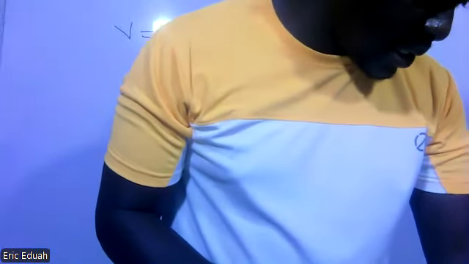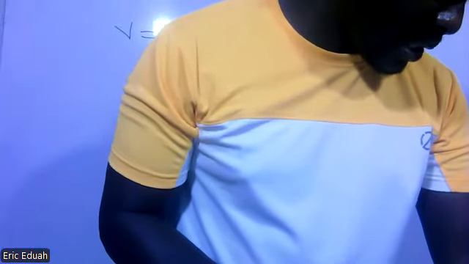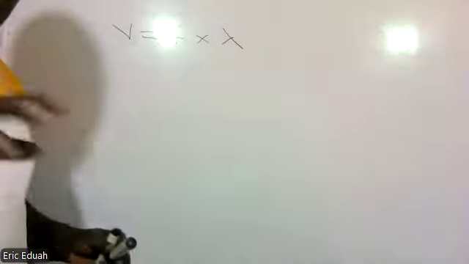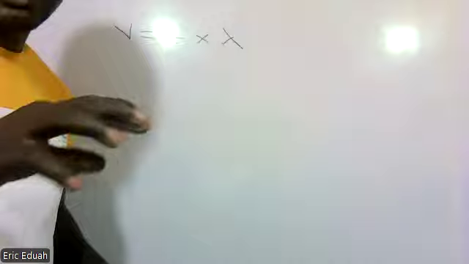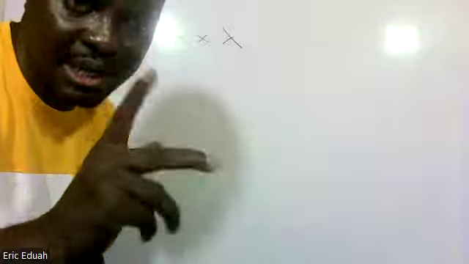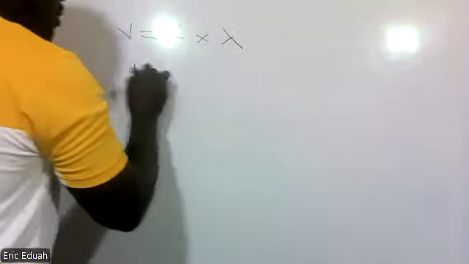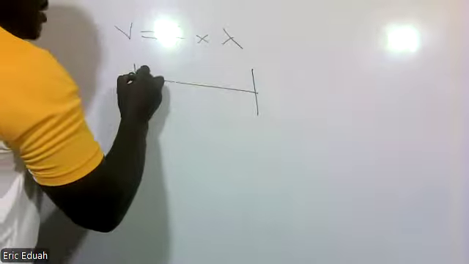A string of length has a mass of this. If the tension in the string is, then okay, here it cannot work because we were not told whether it is the first harmonic.